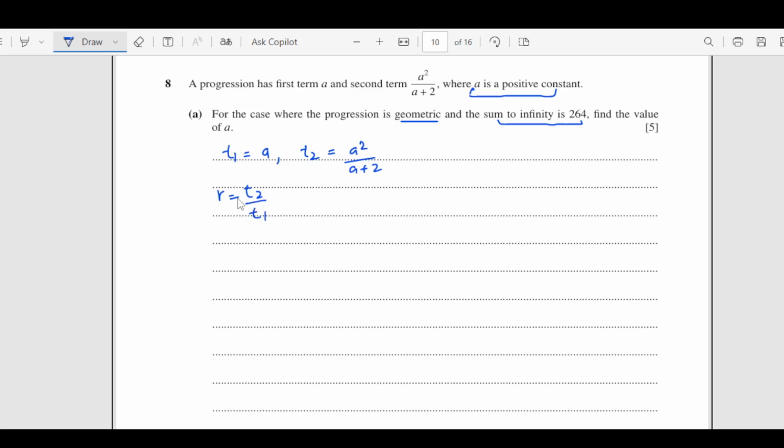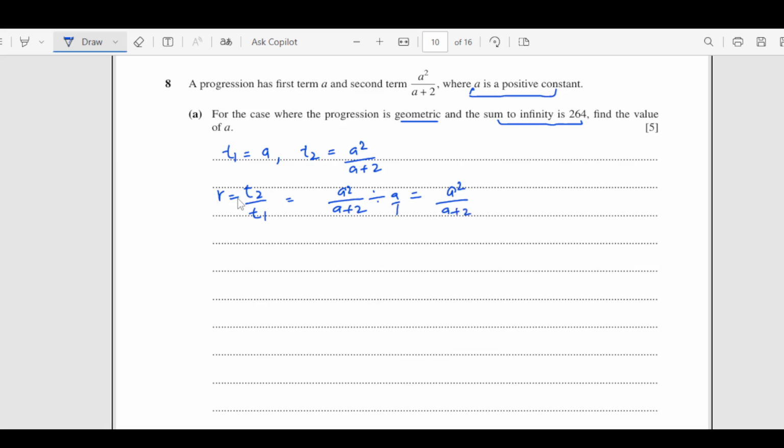So t2 is a squared over a plus 2, divided by a, so this will be a squared over a plus 2.